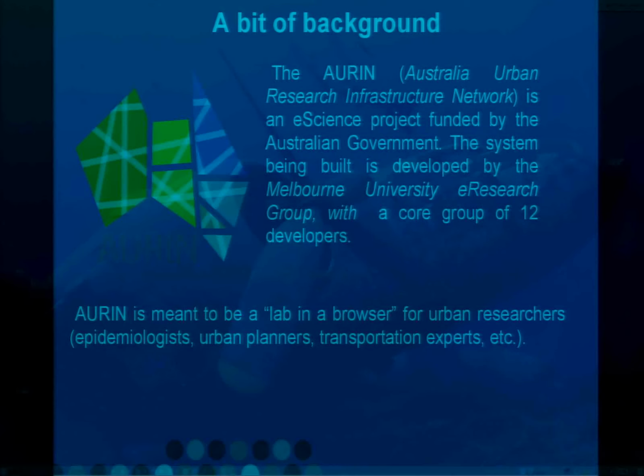So to provide them with data collected from various sources across Australia, and tools like R modules and Java modules and whatever. And so they can combine tools and data in the browser. They can upload data, and everything is supposed to work smoothly.